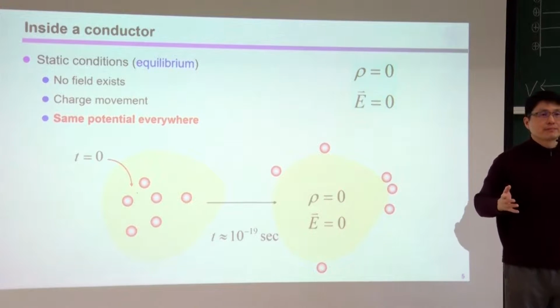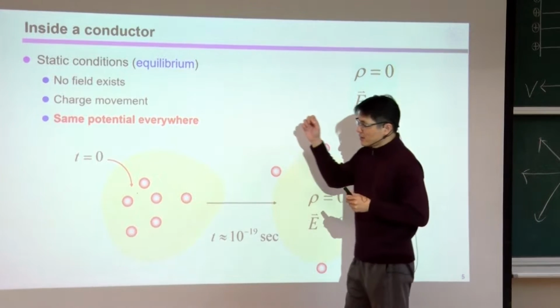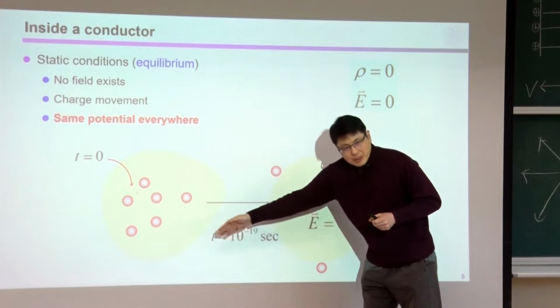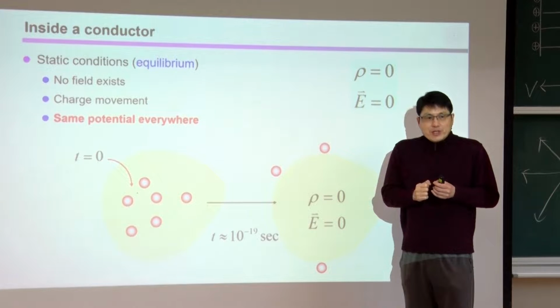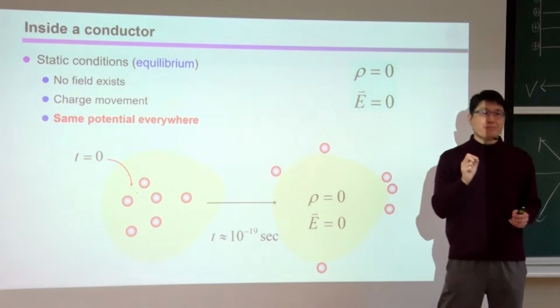What does that mean? Even though you inject a lot of charges into the metal, almost instantaneously, all the charges will be forced to swim to the surface of the metal.